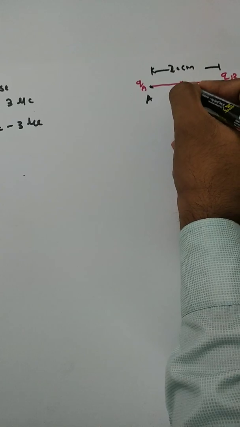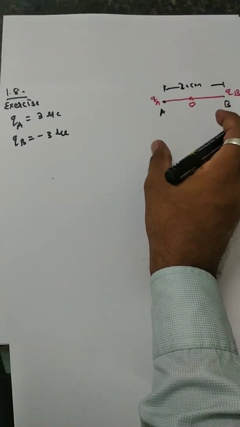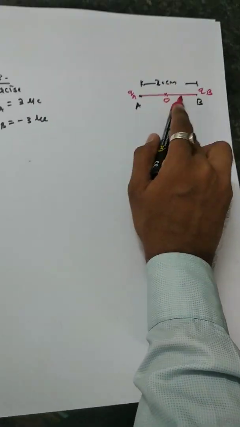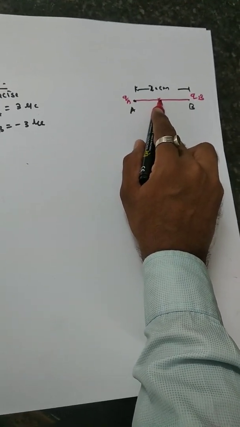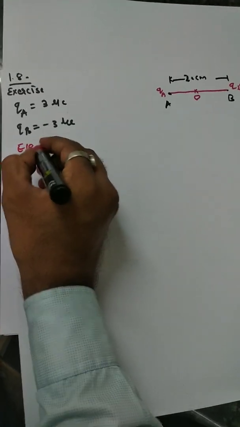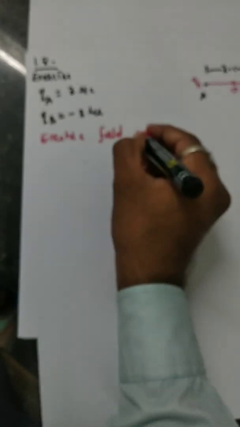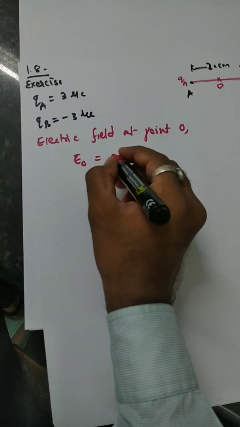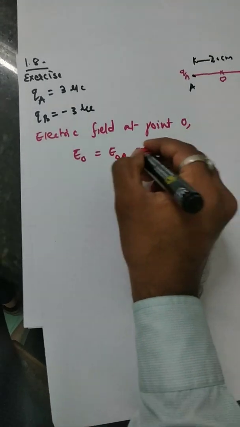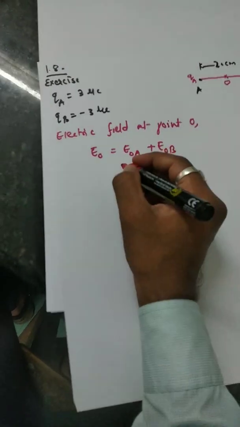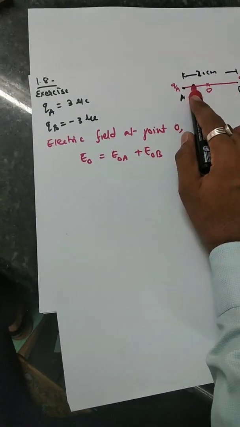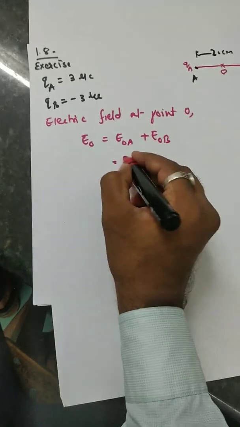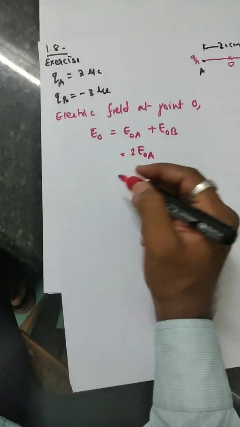To find the value of electric field at the midpoint, as per the theory we have seen, the electric field at point O, which is the midpoint, will be the result of the electric field at point O because of A, and the electric field at point O because of B. And as both the charges have the same value, that is 3 microcoulomb, that is equal to 2 times the electric field of OA.